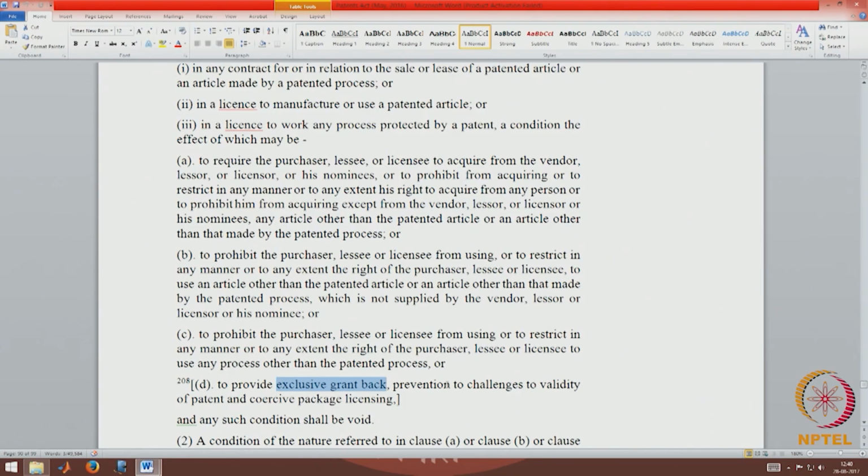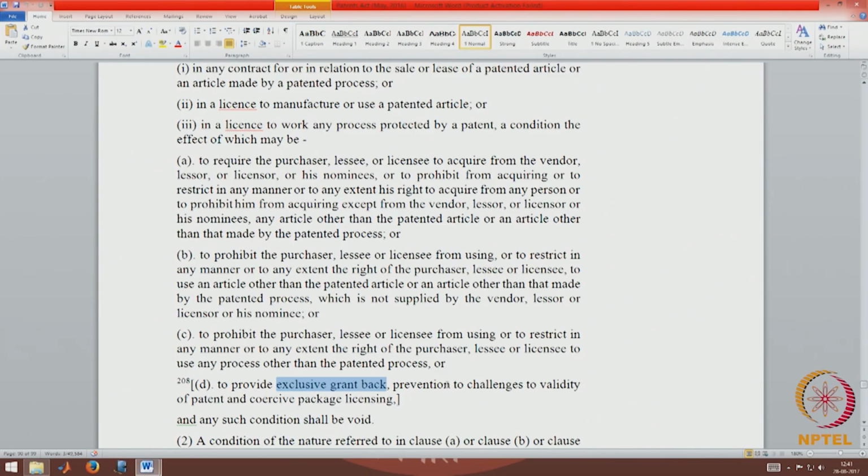Coercive package licensing is where the patentee has certain patented products, and also certain non-patented products which are not covered by a patent. He would want the licensee to take the patented and the non-patented products together as a package. If there is an agreement even to take non-patented products or technology, then that condition will be void.